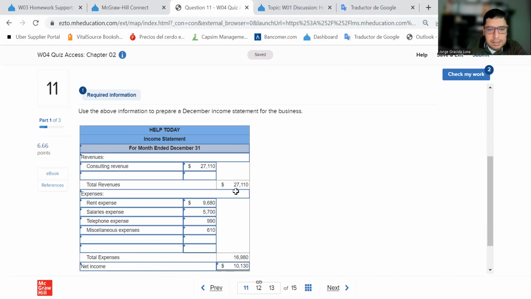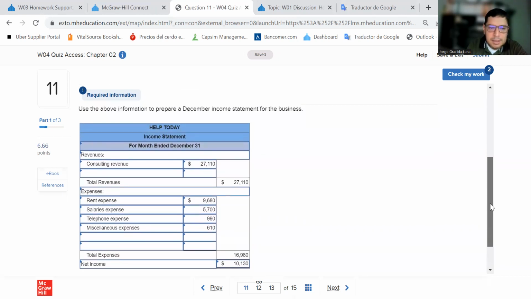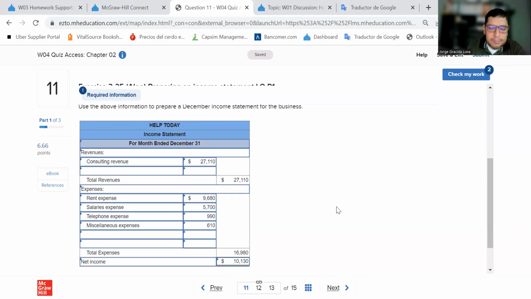In this case, 27,110 minus 16,980. The total, or net income, is 10,130. So we got the first financial statement. We need to remember this number, net income, because we're going to use it in the next financial statement.